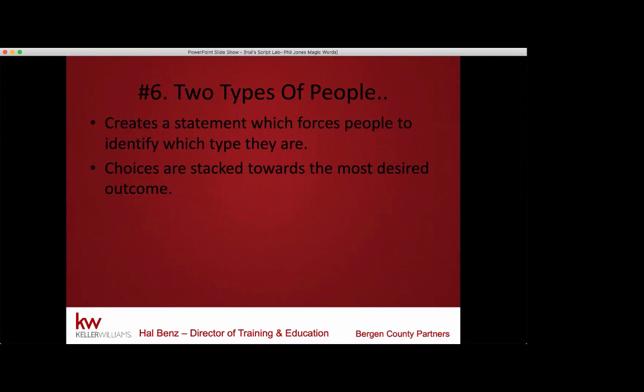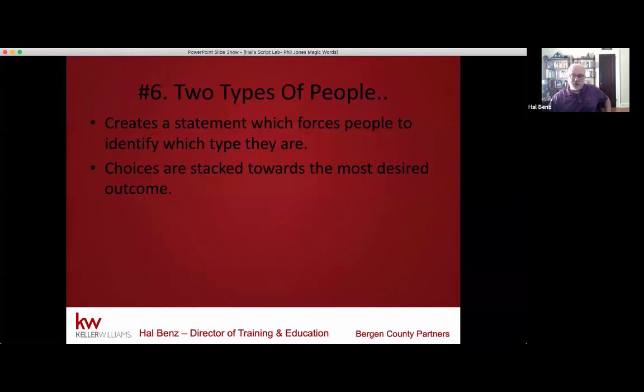Which one are you? Love it. Because when you set it up, there's two types of people, I've got to be one. Nobody wants to see themselves as a non-decision maker. We want to see ourselves as proactive agents in control of our lives, rational, fair, all those things. So you stack the deck into seeing themselves as a decision maker, which means, guess what? You've got to make a decision, don't you?